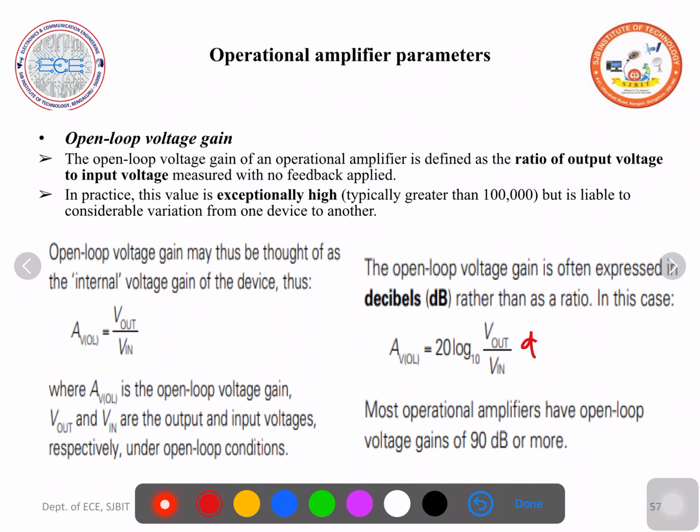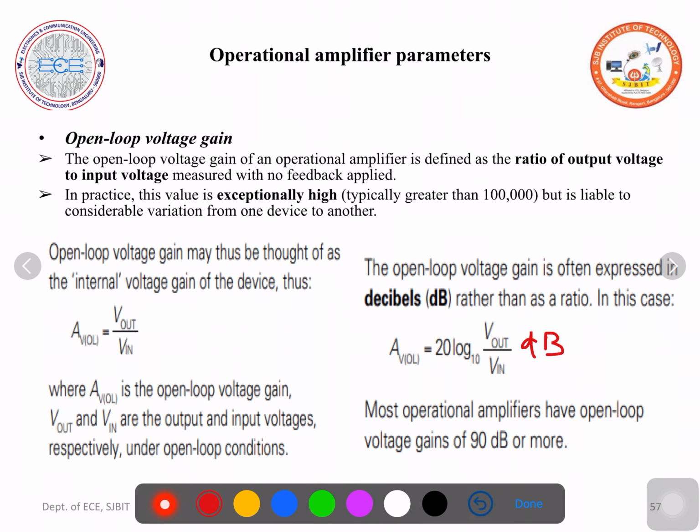If you want to express this open loop voltage gain in decibels, we can calculate 20 log V out by V in, then this will be in decibels. So either you can go with the ratio or you can express the open loop voltage gain in decibels. Usually we tend to express it in decibels. Then the normal range will be 90 decibels or even more than that.